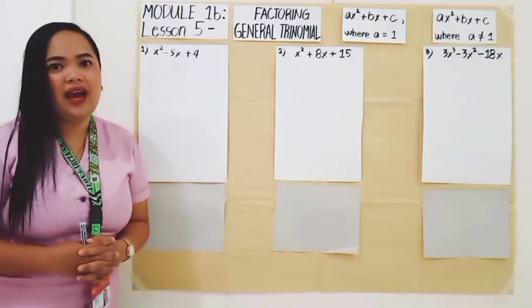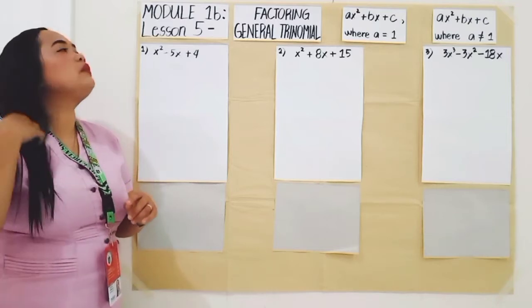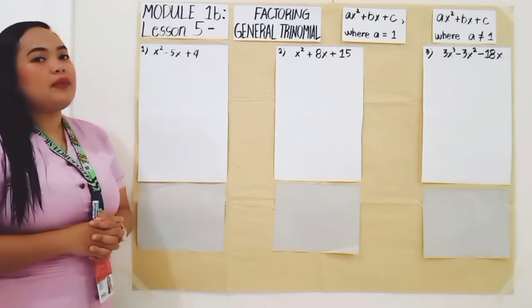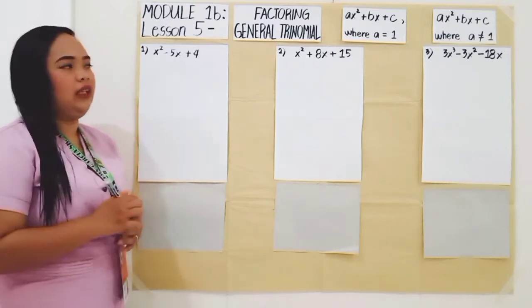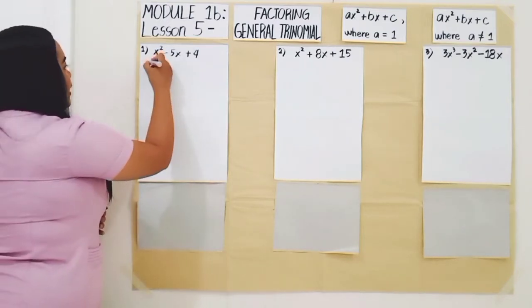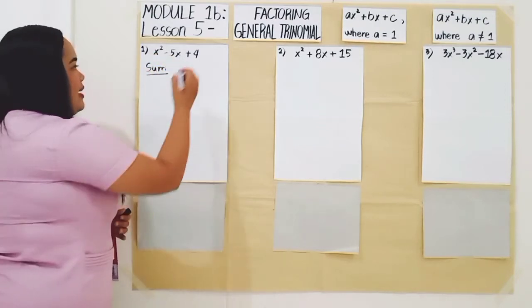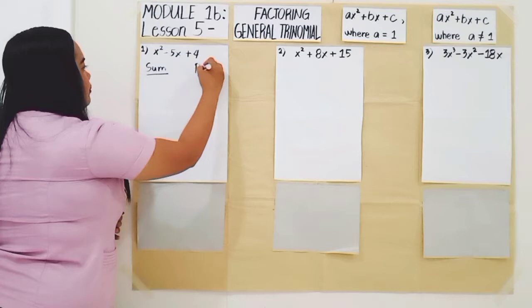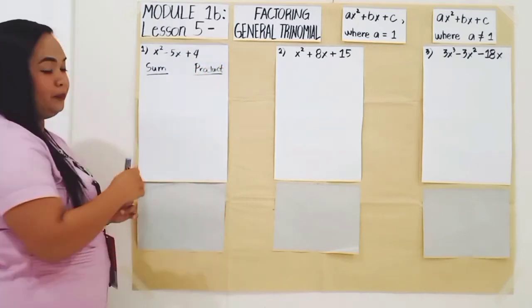Let's proceed with our examples. Example number 1, x squared minus 5x plus 4. The first thing that you need to do is to find factors which have a sum and a product.